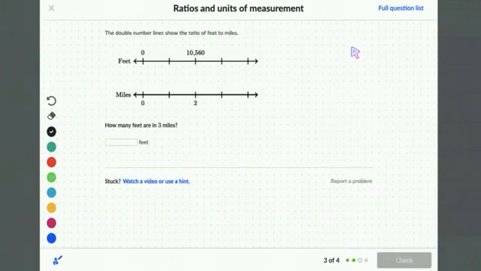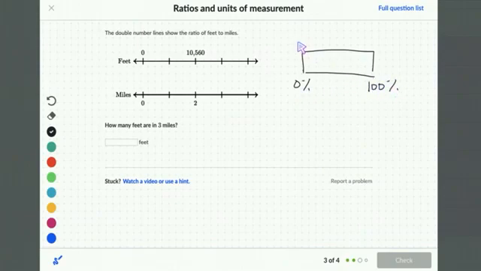Let's try another one. Ooh, this one looks interesting. It's got a double number line. Double number lines are very similar to your tape diagrams that we showed you before. Tape diagrams, if you remember, we had something being calculated on one side and something else being calculated on the other side.